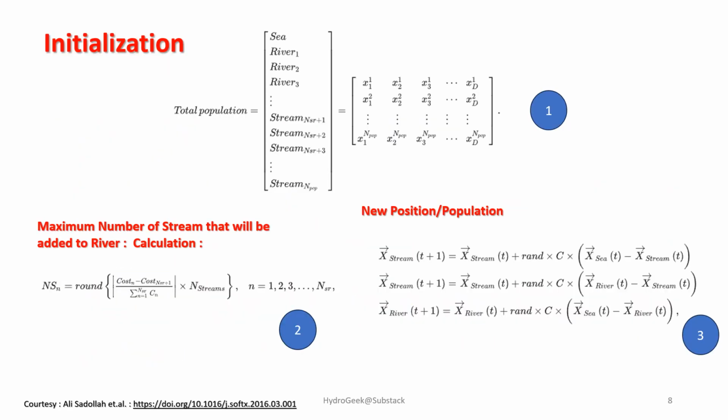Yes, so these are the equations that we are discussing, or will discuss later on. So this is equation number 1 to initialize the total population. As I will discuss later on, we will generate 10 random values of x.